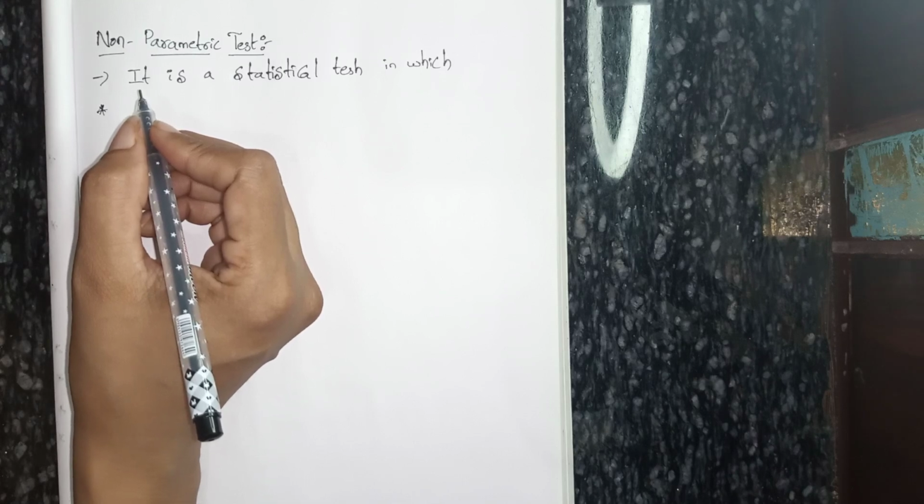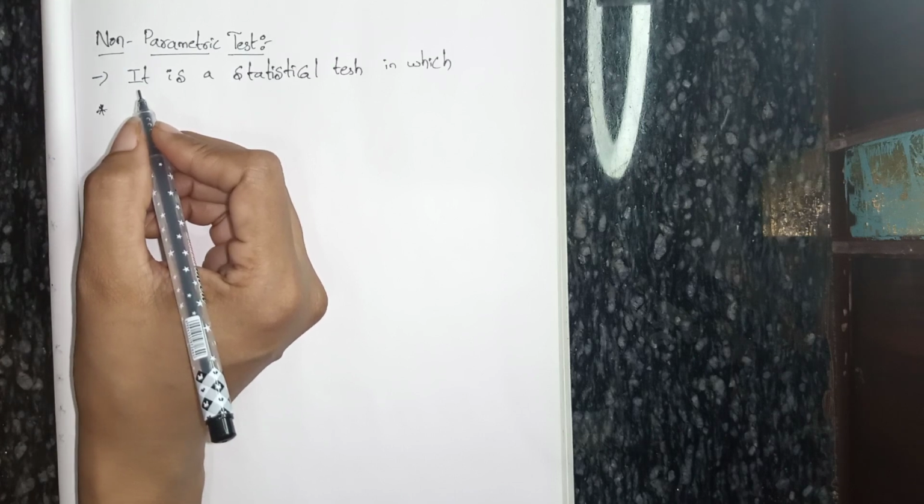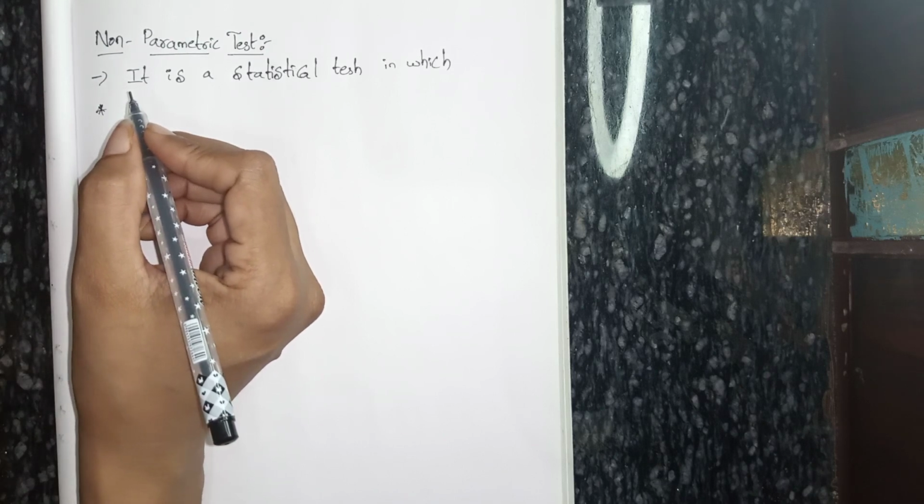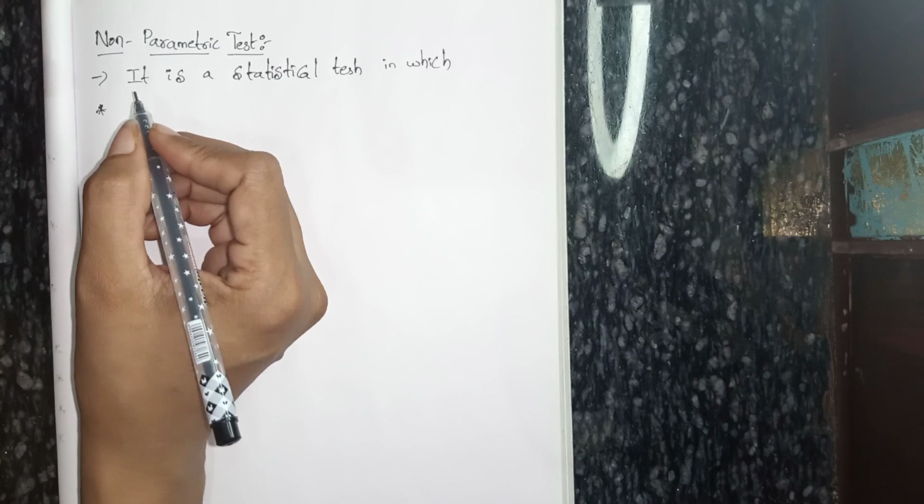What are parameters? Nothing but mean and variance, which will not be involved in this test. If mean and variance are involved, that is called a parametric test. But now we are going to discuss the non-parametric test, so in a non-parametric test, mean and variance will not be involved.